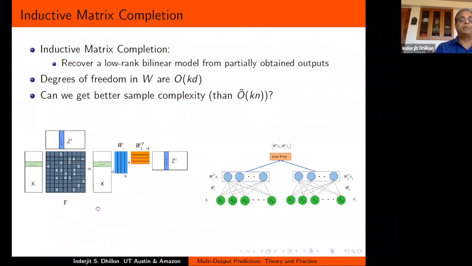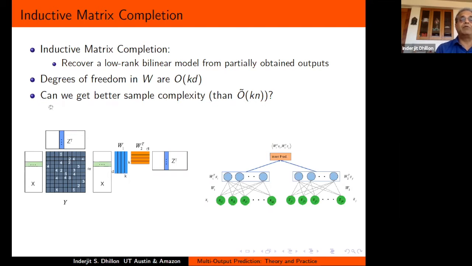And the question is, can you recover this when you are given features with the input, or the users, and the outputs, or the items or movies? What can happen is that maybe the number of features can be much smaller than the total number of users. And then the question becomes, do I actually need samples which are linear in n, or can we get by with many fewer samples?